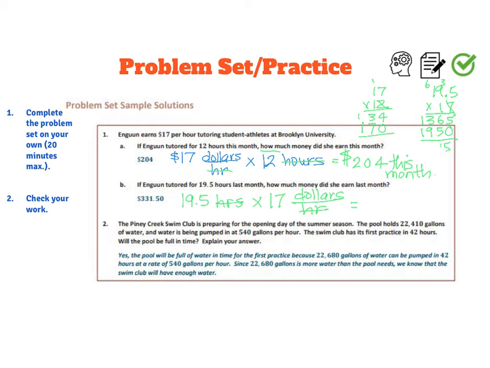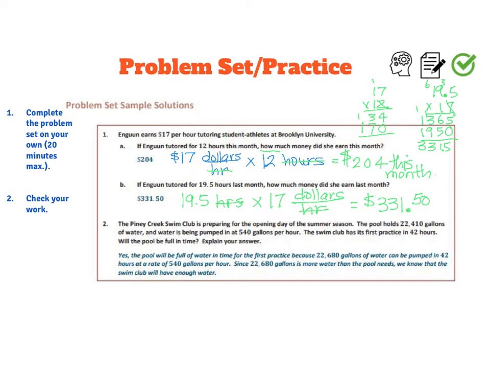I add up 5, there's 11, and then there's 13 and 3. But I have to remember, count 1 over to put the decimal. So now I'm going to convert that: $331.50. Okay. How much money did she earn last month?